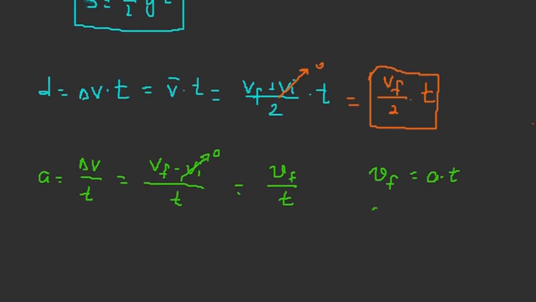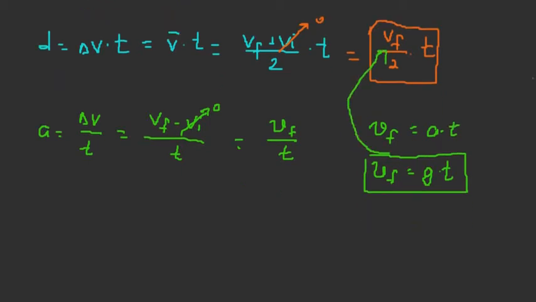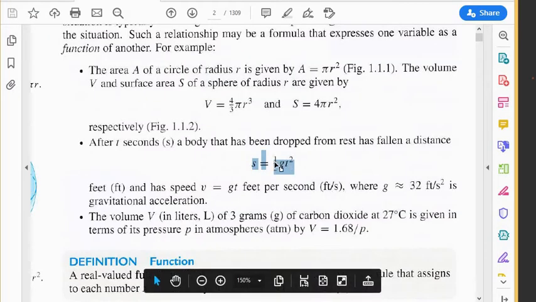So v final is equal to g times t, and by putting this over here, we can get the equation for a dropping object as s is equal to g times t divided by 2, which is equal to g t squared divided by 2. So this is for this one.